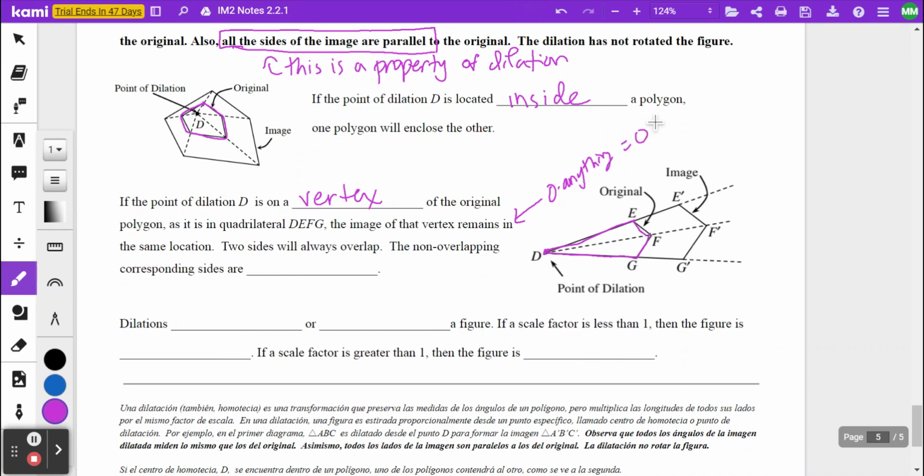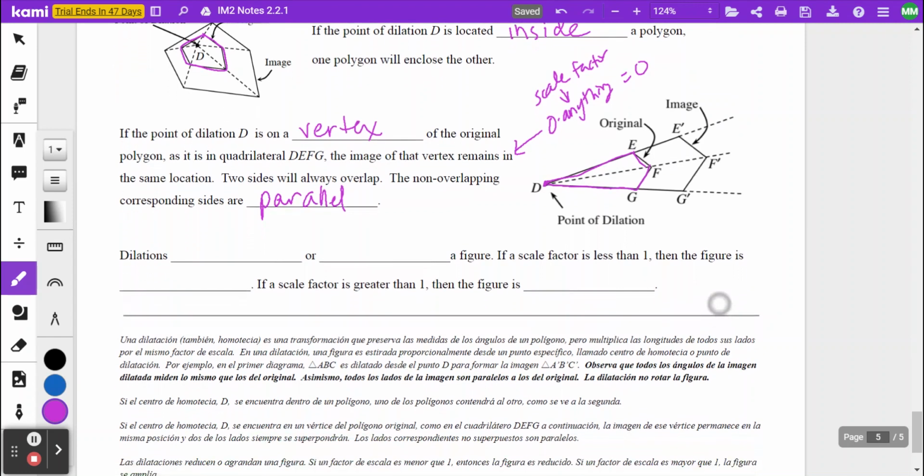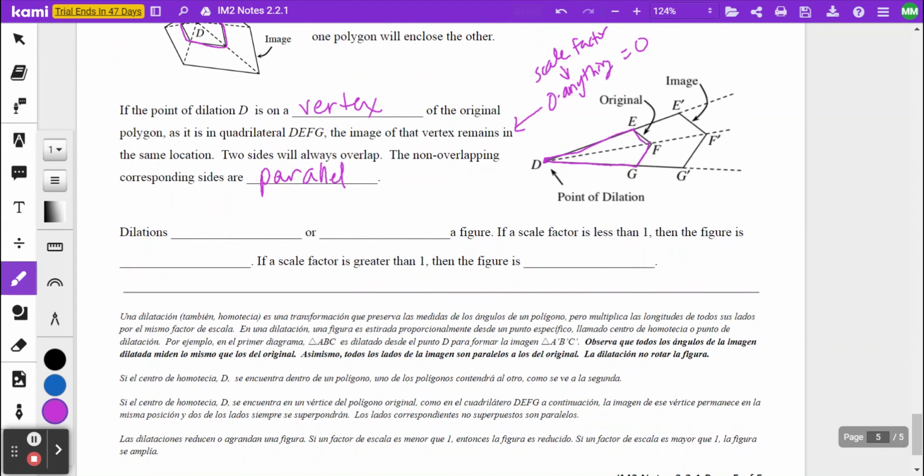So the point of dilation has 0 movement from itself, no matter what the scale factor is. Okay, two sides will always overlap. The non-overlapping corresponding sides are parallel. The overlapping sides are also parallel, but it's trivial to say so because a line is parallel to itself, but it doesn't give you any extra information to say so.